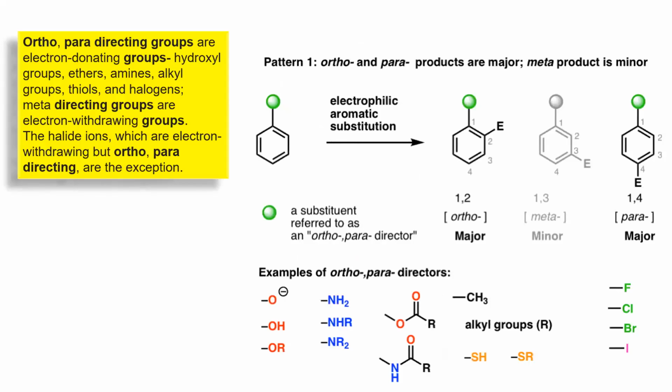Next comes something very important, that is the directive influence of a functional group in monosubstituted benzene. When monosubstituted benzene is subjected to further substitution, there are 3 possible disubstituted products, but they are not formed in equal amounts. 2 types of behavior are observed: either ortho and para products or the meta product is predominantly formed.